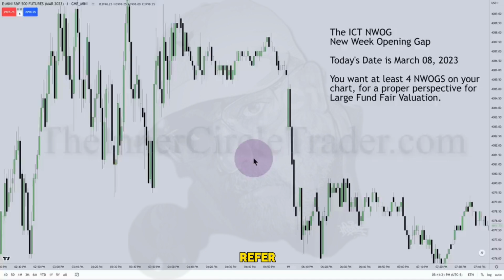The algorithms refer to old inefficiencies and old liquidity voids. Now, a real liquidity void is an absence of any buying and selling. There's no printed data between two specific price points. In this case, we're focusing on the previous week's Friday close and Sunday's opening price.